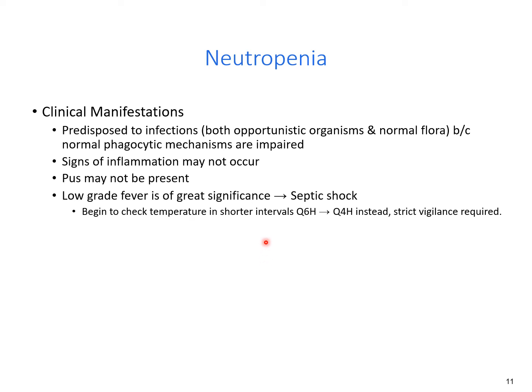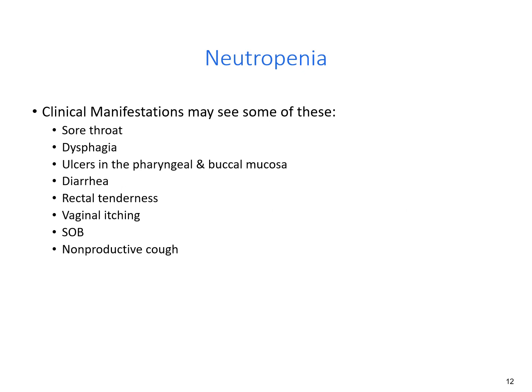So you're checking your temperatures at shorter intervals, and this is going to vary at each institution, so you just want to watch that very closely. Maybe you're going to see things like a sore throat, dysphagia, ulcers in the pharyngeal mucosa, diarrhea, rectal tenderness, vaginal itching, shortness of breath, a non-productive cough. All of these are possible.